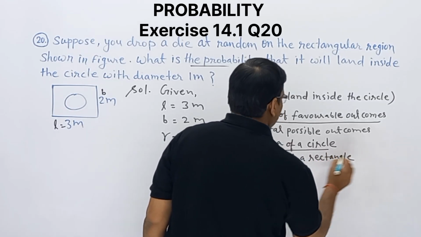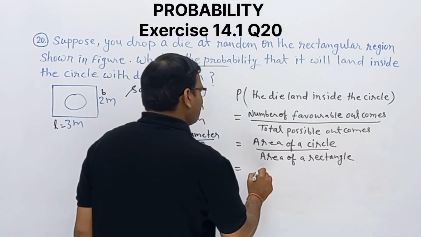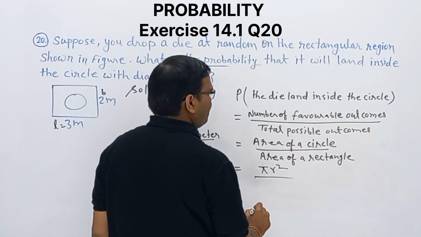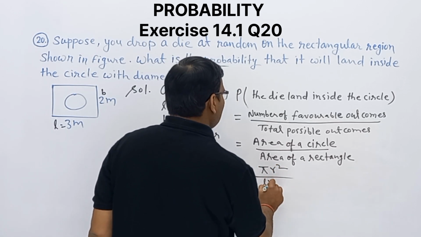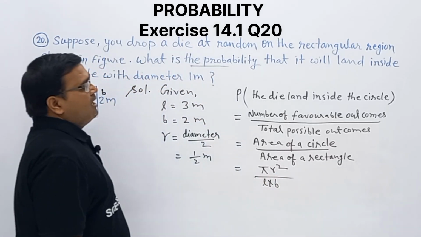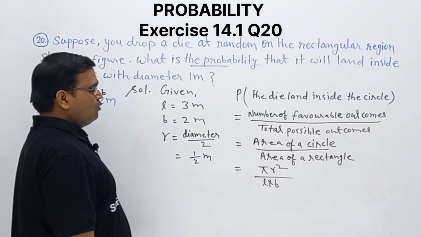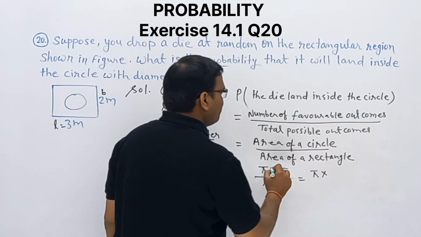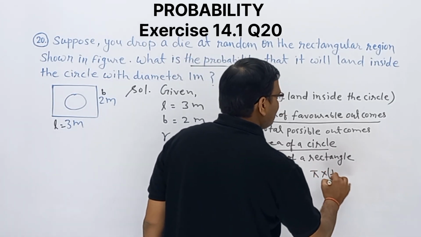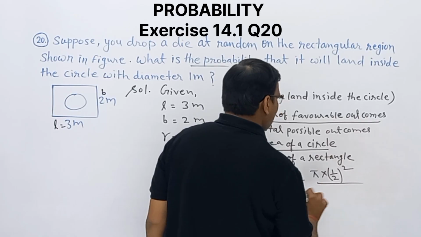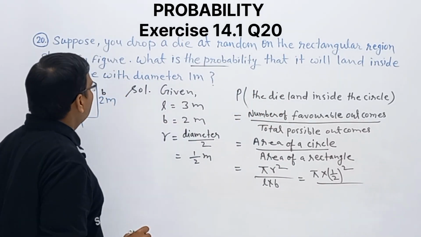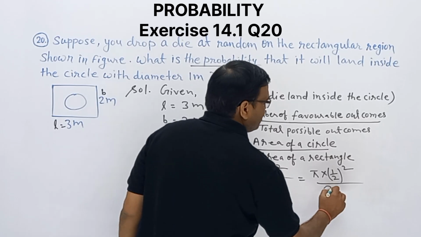The area of a circle we know is pi r square, and the area of a rectangle is length into breadth. Now put the values. Pi into 1 upon 2 whole square, divided by length into breadth. Length is 3 meter, breadth is 2 meter, so 3 into 2.